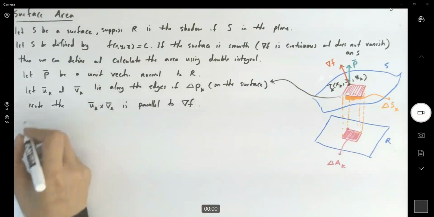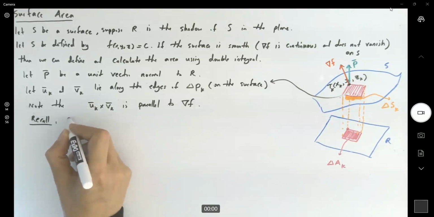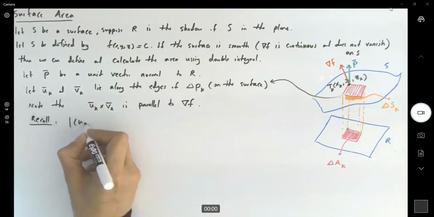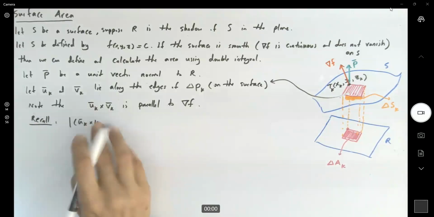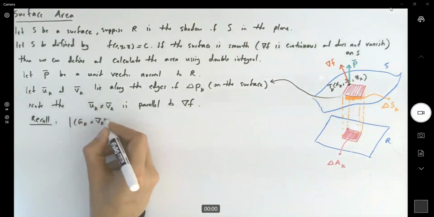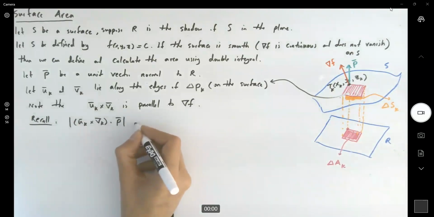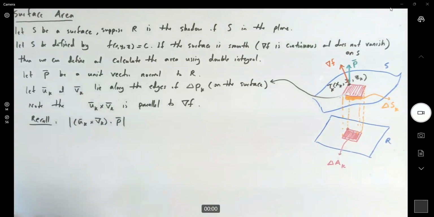Recall that from elementary calculus, the magnitude of the cross product of UK and VK dot P is the area of the parallelogram defined by UK and VK.